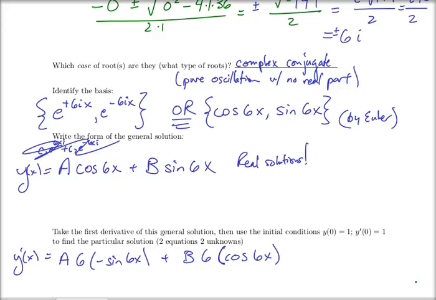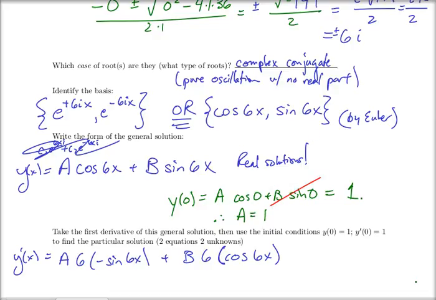And now we're going to apply, not enough room there, y of 0 is equal to A times cosine 0 plus B times sine 0, which is equal to 1. Therefore, A is equal to 1 since this goes away.